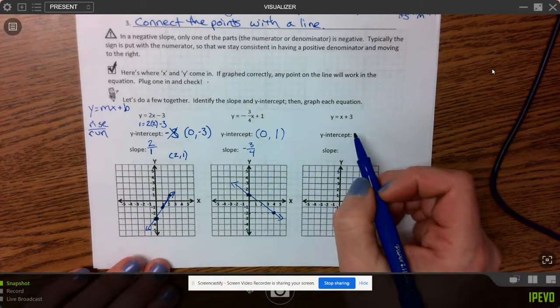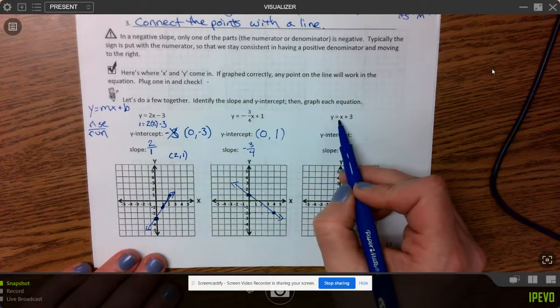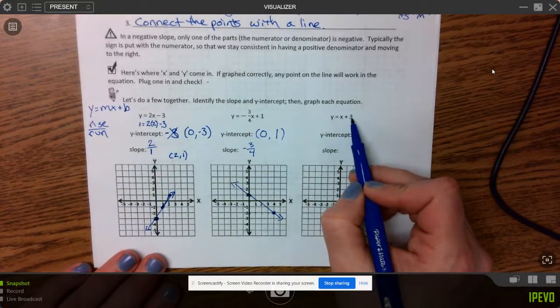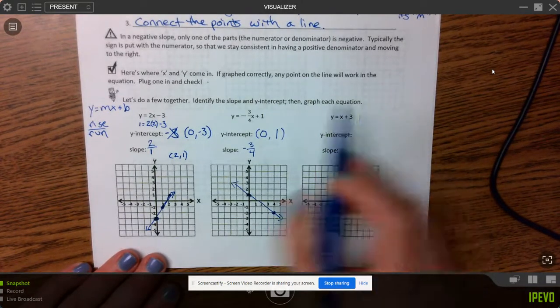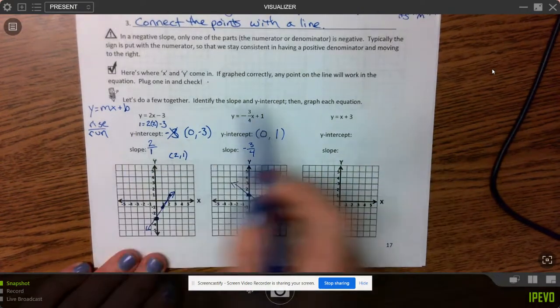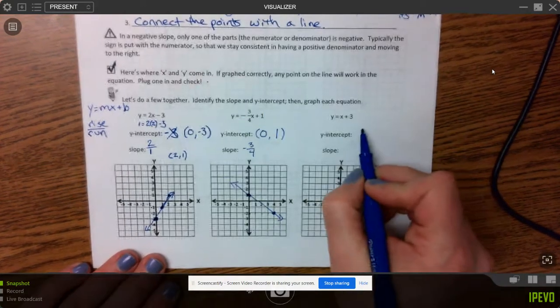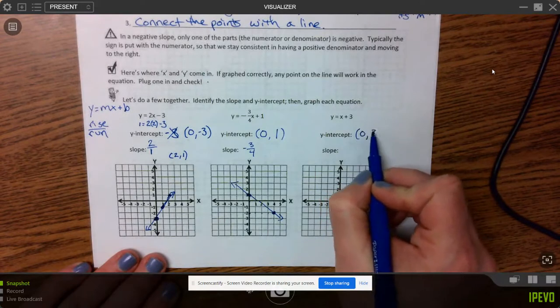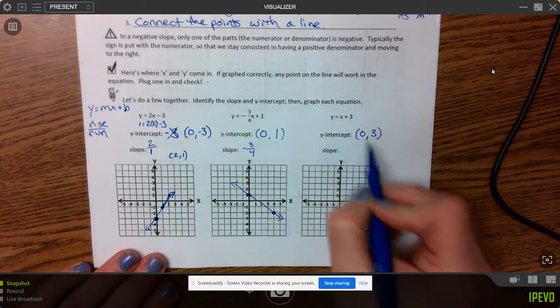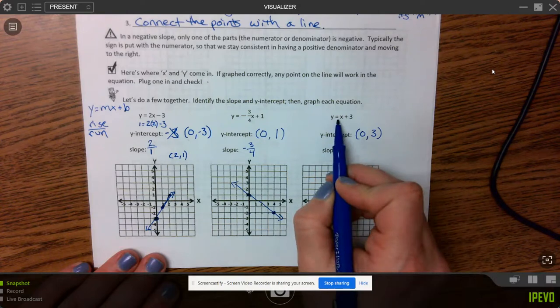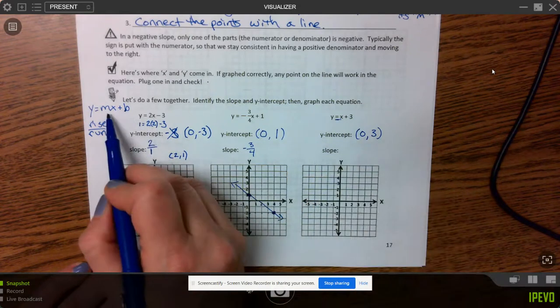Let's look at our last one. y equals x plus 3. So my y-intercept, remember that's b where I begin. So my y-intercept, x is 0, the y is 3. Now my slope is what's before the x.